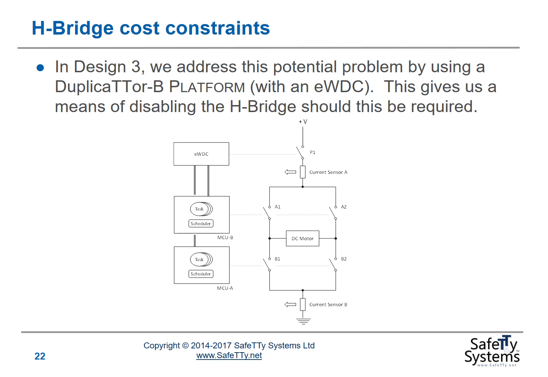So this gives us a means of disabling the H-bridge should this be required, and now we have 3 independent processing elements in here, and as long as one of these 3 elements is functional, we will be able to disable power from this system.